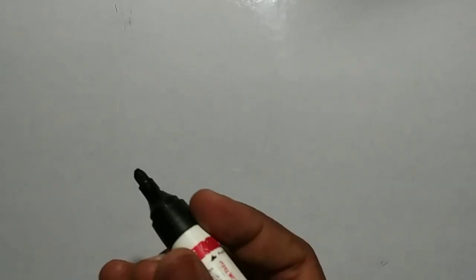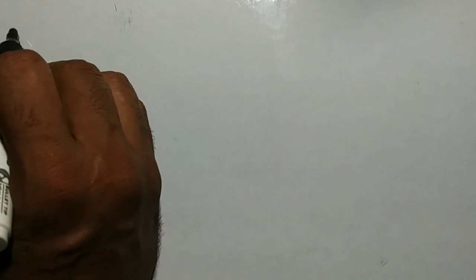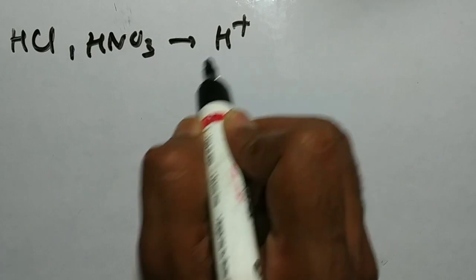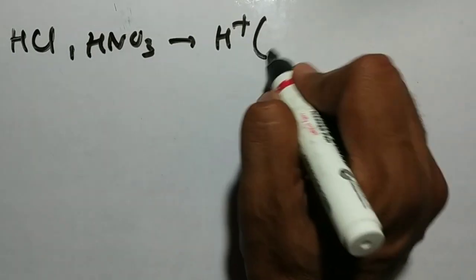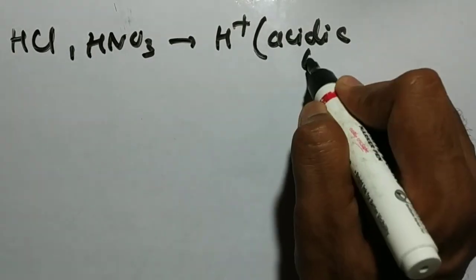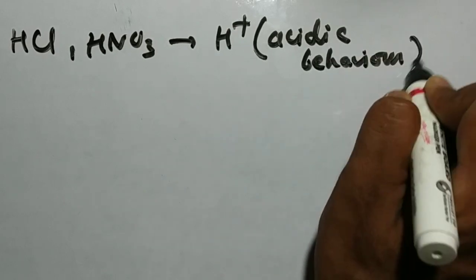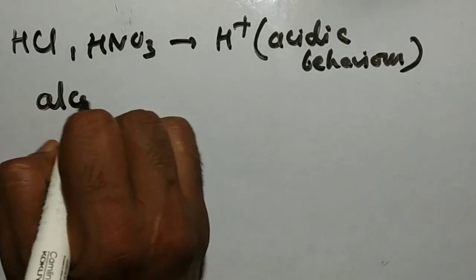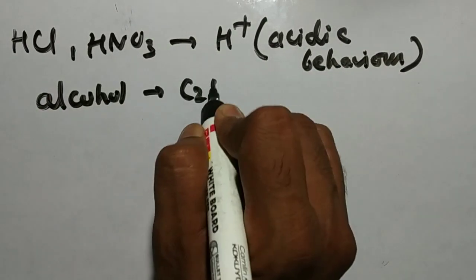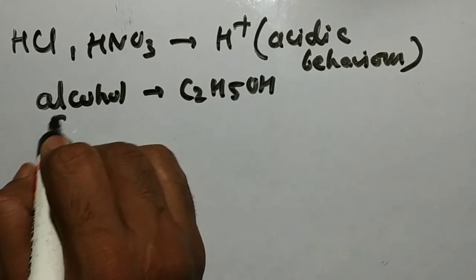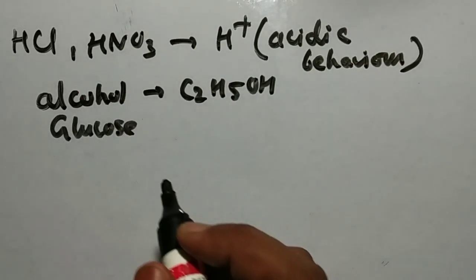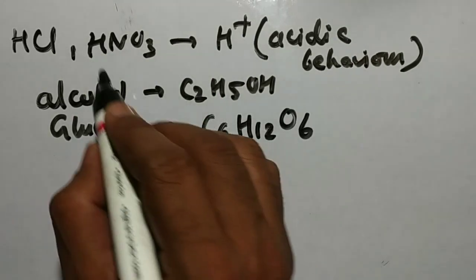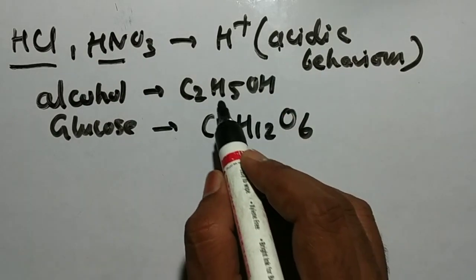Now one more question comes in the examination. We all know that HCl and HNO3 have the H plus ions in them after the dissociation. So they show the acidic behavior. But when we are talking about alcohol, for example ethyl alcohol, C2H5OH, or glucose, C6H12O6, in both of these cases the H plus ions are present.